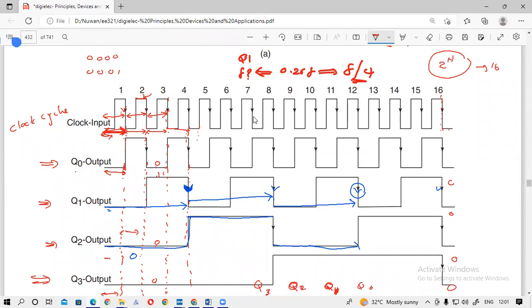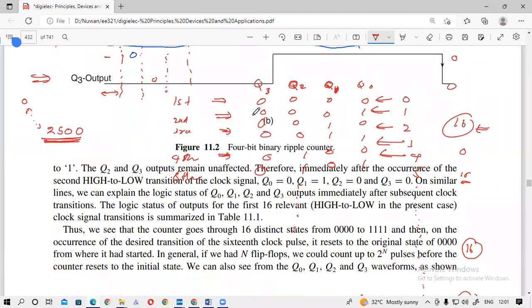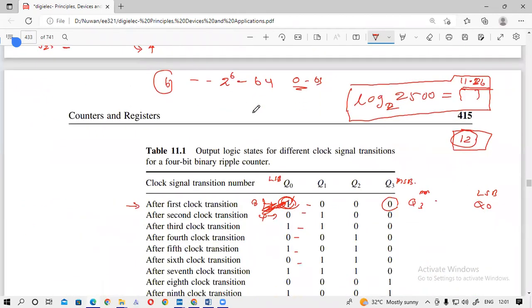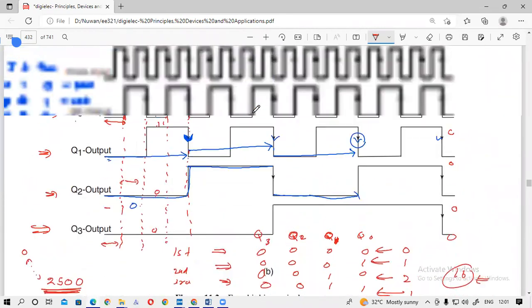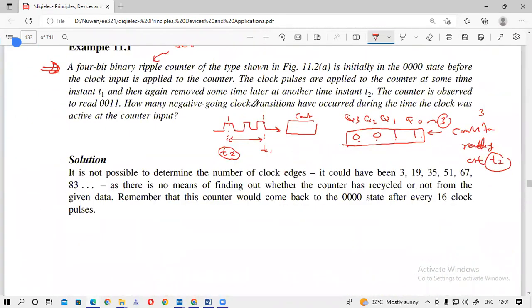At this point, Q0, Q1, Q2, Q3 will have 1, 1, 0, 0. That is simple. You can see that it happened at the third negative edge, so this output will be given after the third negative edge or third clock pulse.